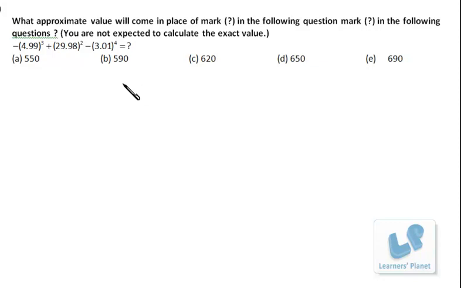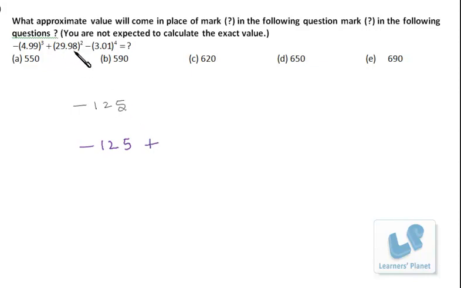So that approximation is valid, right? So I just write it as 5. So minus 5 cube, that is 125. So it is minus 125, right?